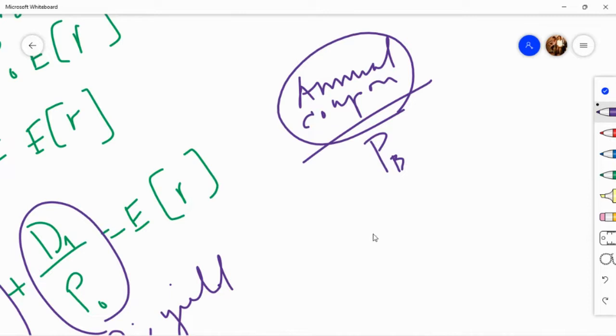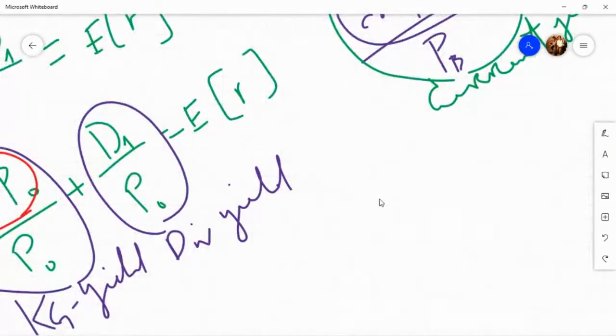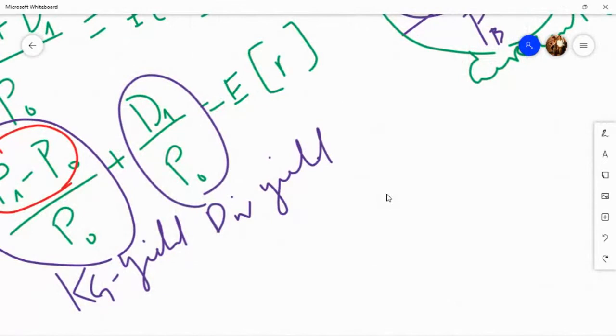In bond, that's called current yield. So it's not difficult to understand why this is called dividend yield. Dividend yield is like the current yield in bond.